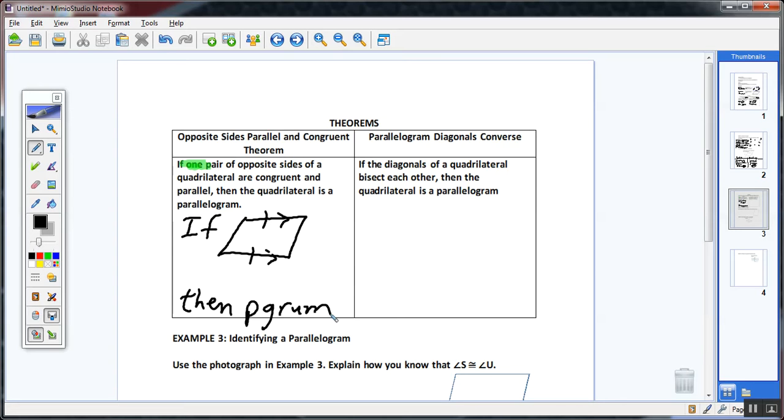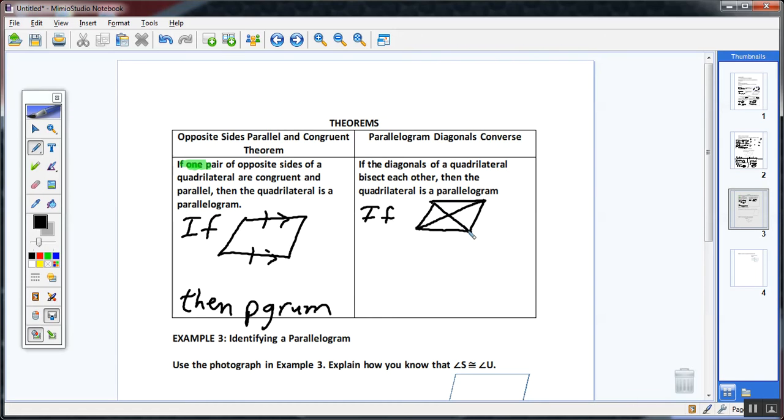So then the other one is the parallelogram diagonals converse. It says if the diagonals of a quadrilateral bisect each other, then the quadrilateral is a parallelogram. Here's a four-sided figure. You draw your diagonals in there.